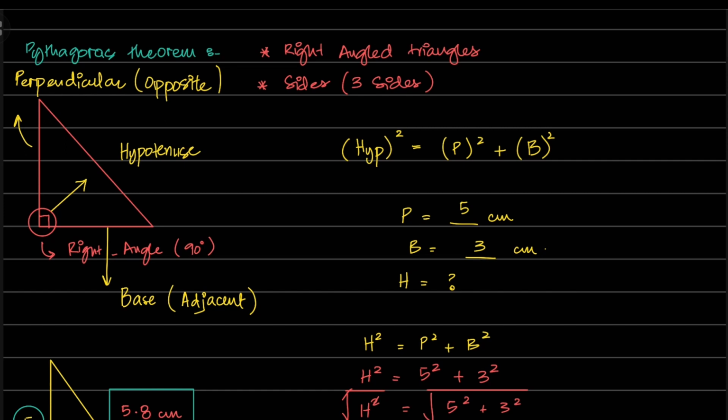Okay, now we've got another case where this is basically the real deal, where you are supposed to find out the sides, or in some cases they might ask you to find out your angles as well. Right, now let's suppose you've got a right angle triangle, and in the question they're talking about 2 sides and 1 angle.